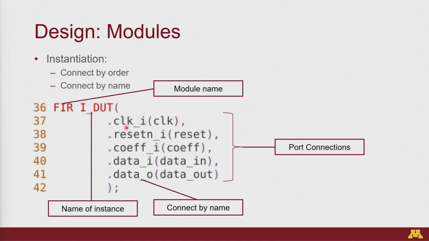What this code represents is that the one on the left with the period is saying what is the name of the wire within the module, and the one inside the circular braces is saying what is the wire at the top level.